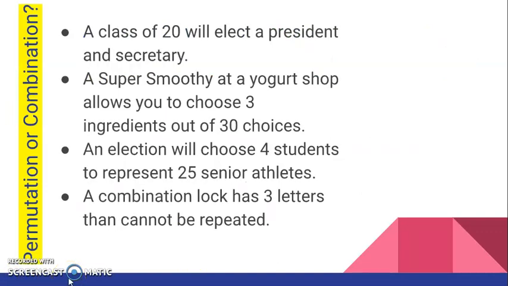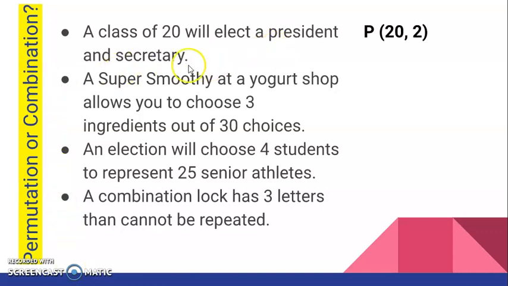Alright, since we've previously talked about permutations, and now we've talked about combinations, take a few moments to see if you can figure out which of these situations are a permutation and which of these situations are a combination. Excellent. Let's see this first one. The first one is a permutation.